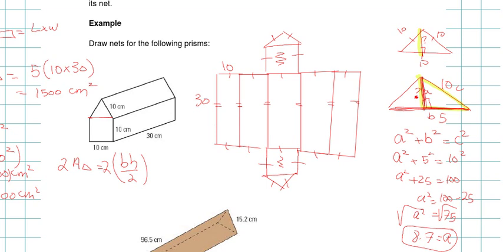So you see, I had to do the math to find the height, because I need the height to find the area of the triangle. So now I know my height. I know my base is 10. My height is 8.7. So the final answer for this is going to be 87 centimeters squared.